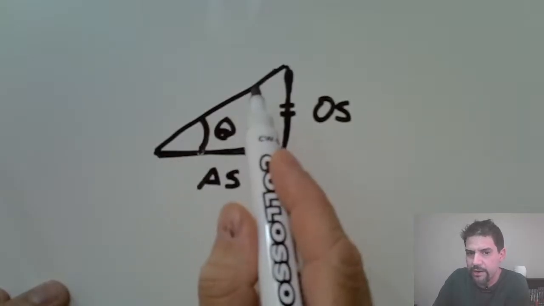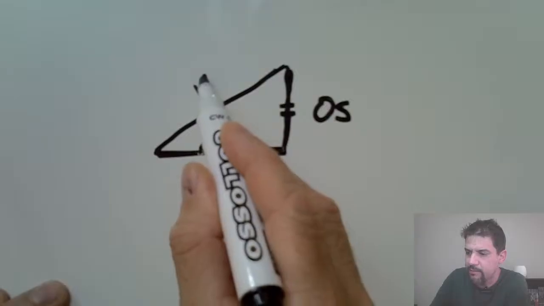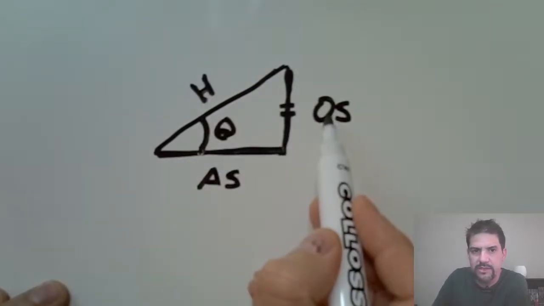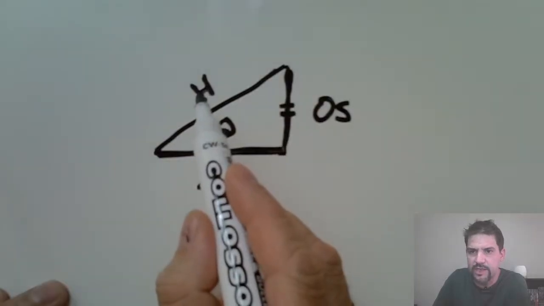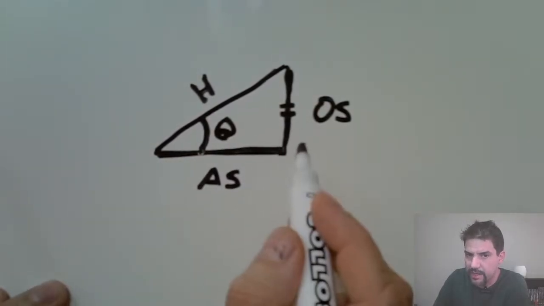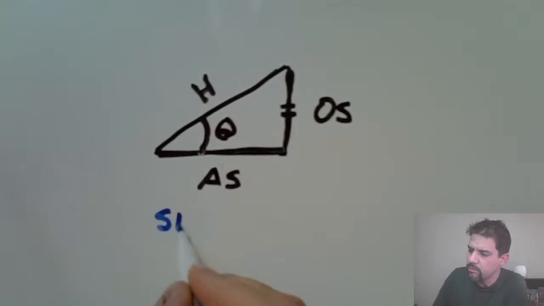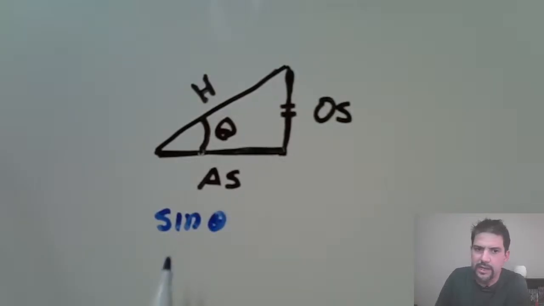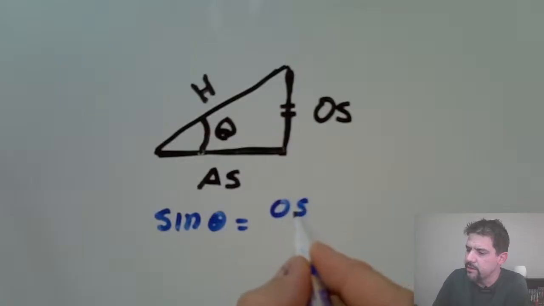And this long one, which is opposite to the 90 degree, is what we call the hypotenuse. I am using symbols: this one means opposite side, this one means adjacent side, and this one is the hypotenuse. Mathematically speaking, we know that sine theta is equal to the opposite side divided by the hypotenuse.